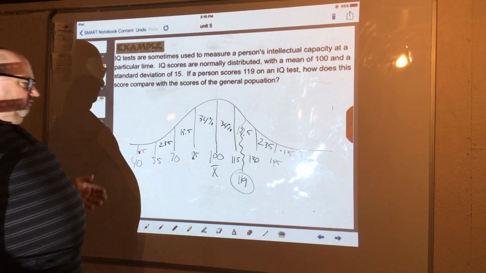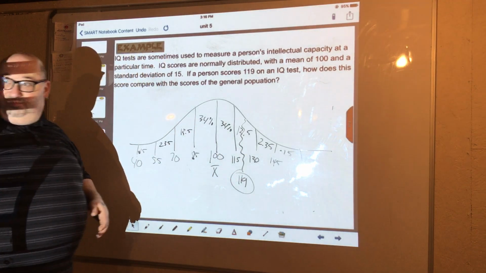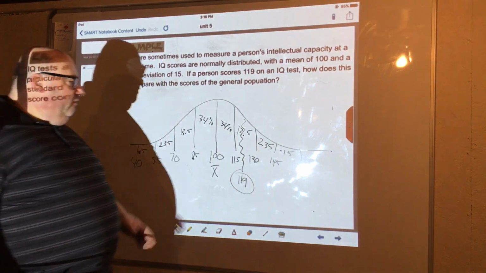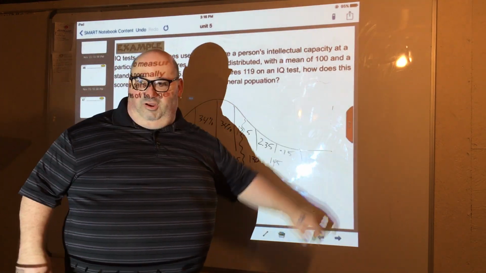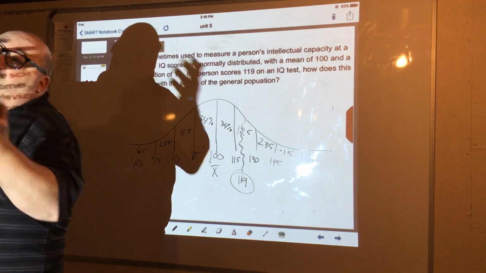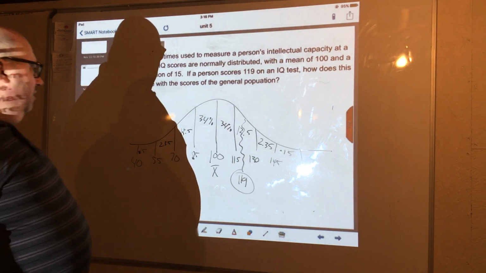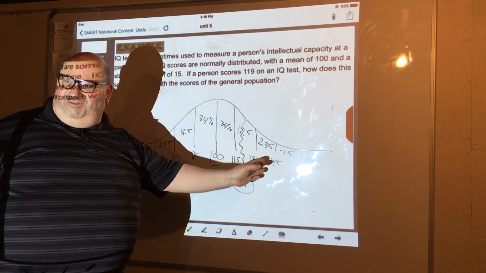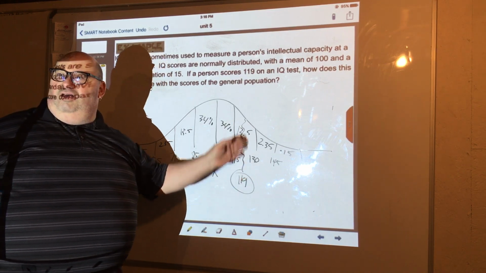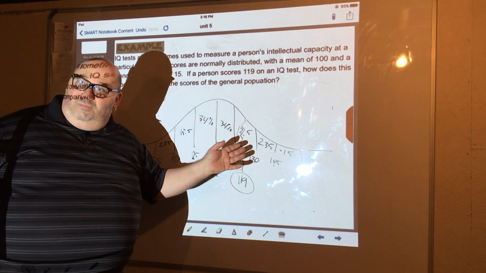There's a percent of people who scored below that person, or there are few people over here who scored higher than 119. 119 is a pretty good score. That's within two deviations, we know this is one deviation, and this is two at 130. So we can anticipate a z-score of 1 point something.